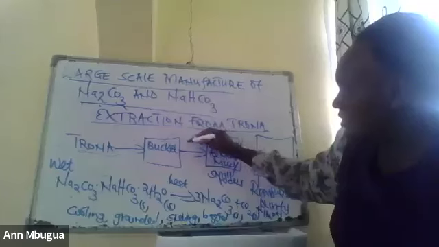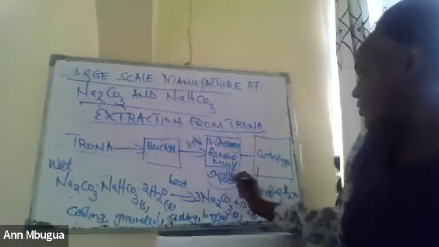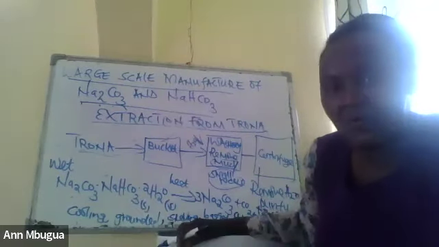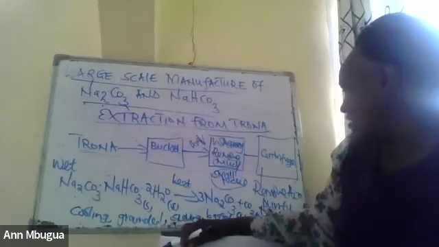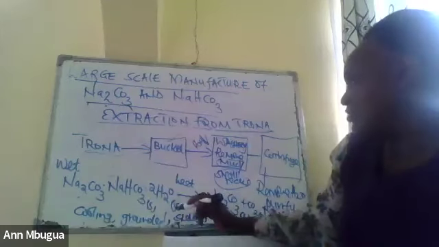In the washery, we have got water whereby we wash it, and we remove the small rocks and the mud. From there, our wet trona is centrifuged. It is separated according to the size, the density, or the volume.